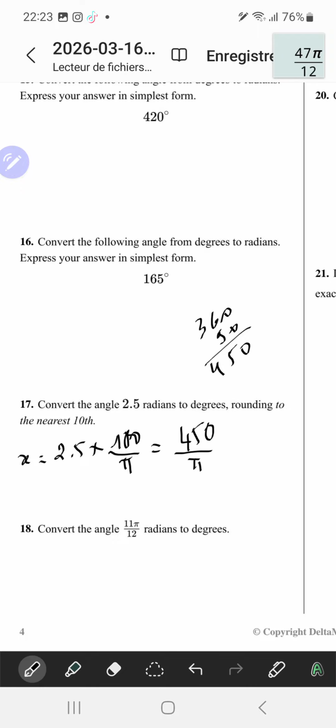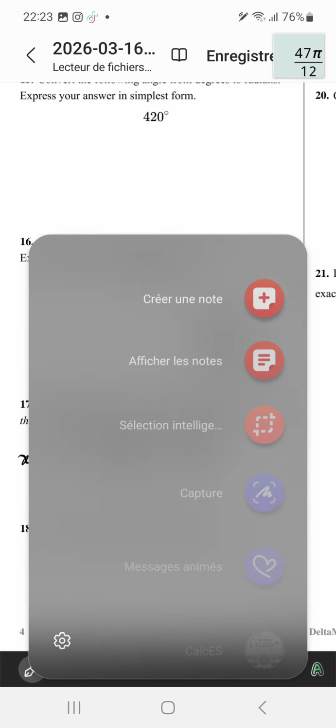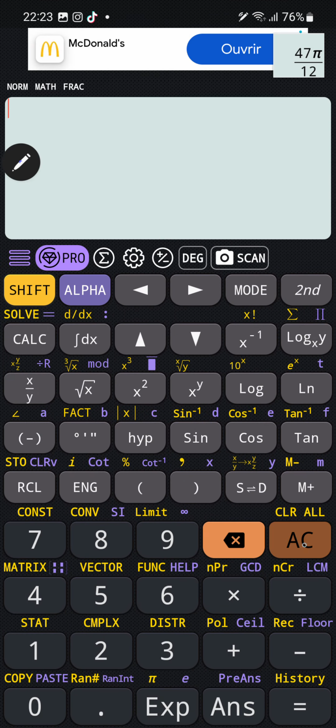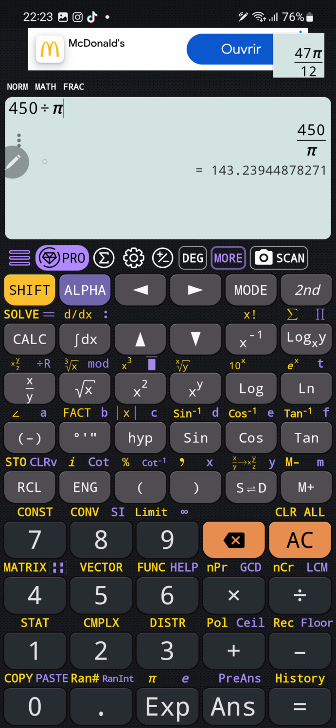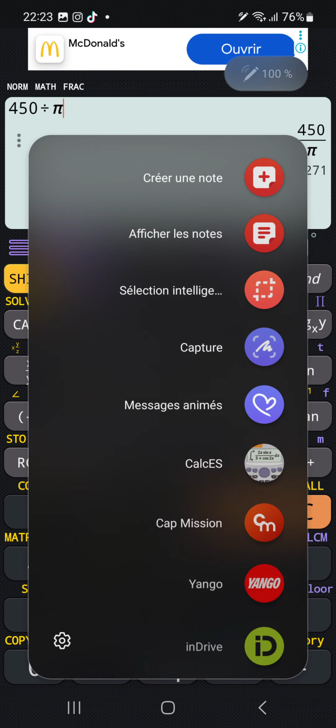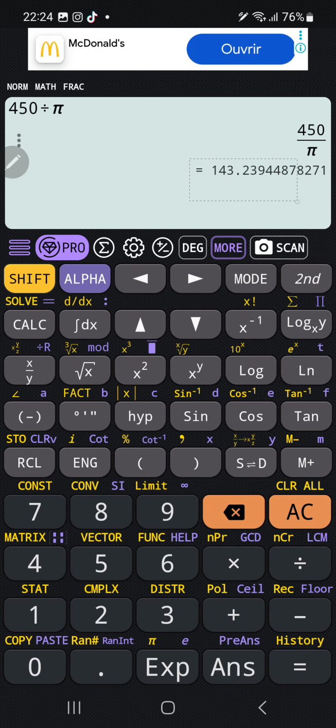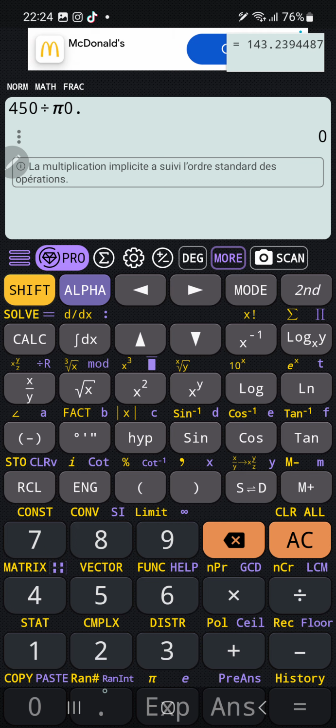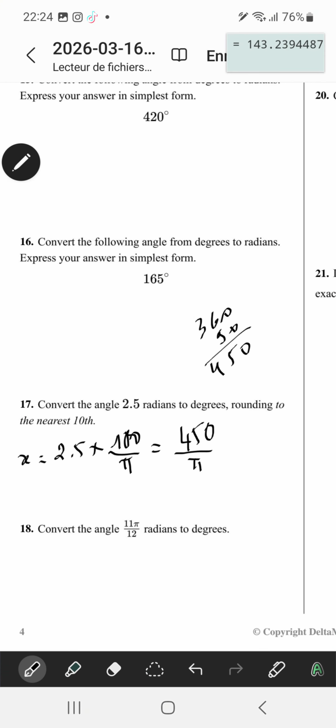So we have to calculate it, because pi is a number in degrees. So this is the value. Rounding to nearest tenth, so it's 0.2.